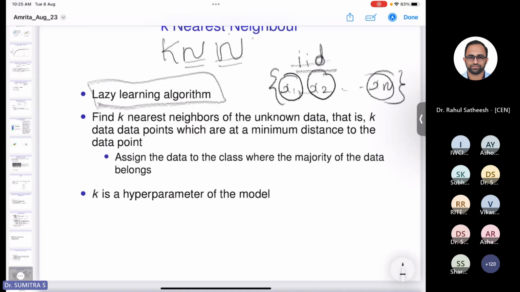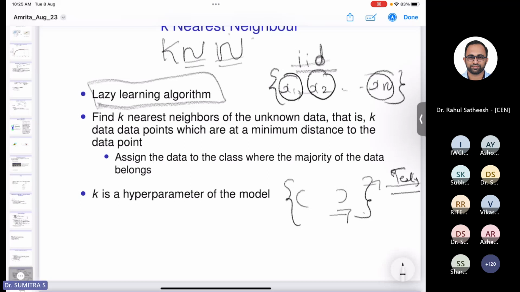Why is it called that? You will be given training data. Using the training data, it has to extract the information, and using the information, it has to predict the testing data. In KNN, when the training data is given, it doesn't do any work.